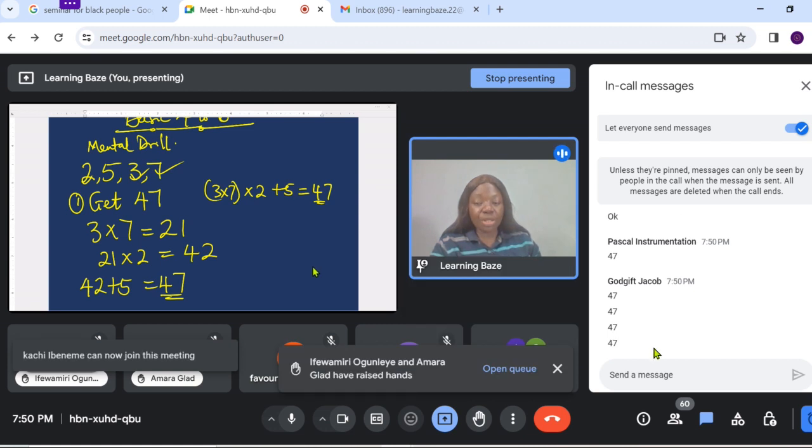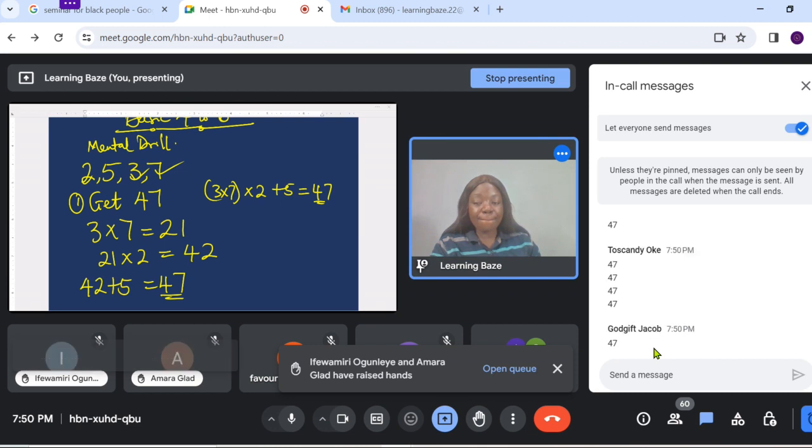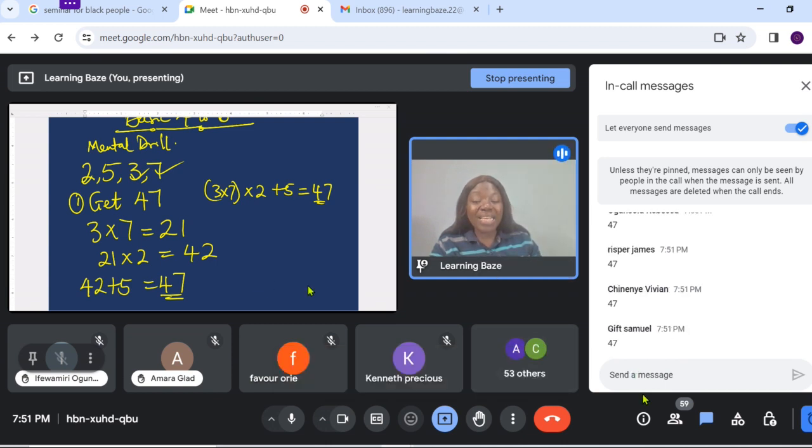Okay, so my question. Get 10. Whoever is able to tell me how I can get 10 using 2, 5, 3, and 7 will be the first class captain.